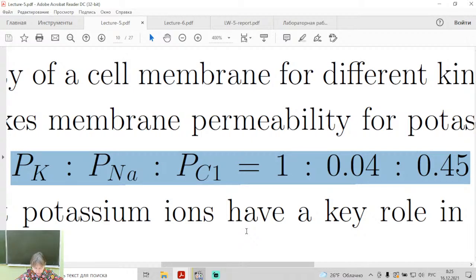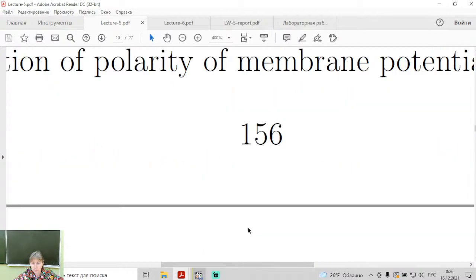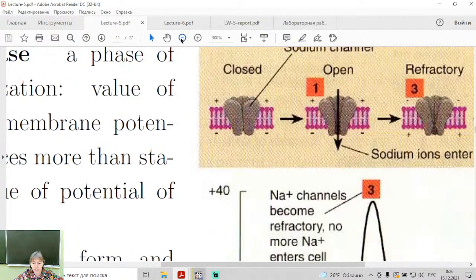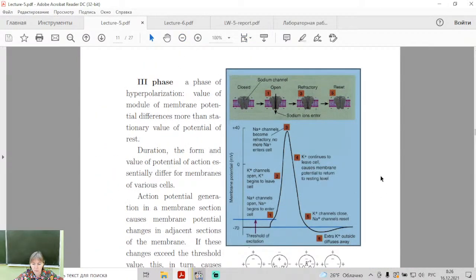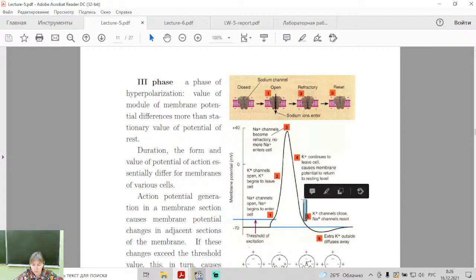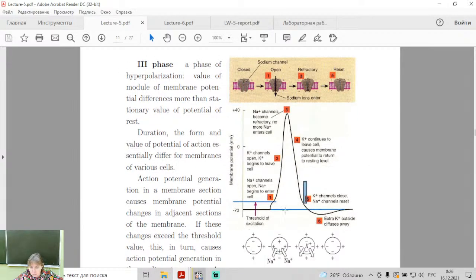This causes depolarization and subsequent membrane potential reversion. And look at this picture, we can see the depolarization here.